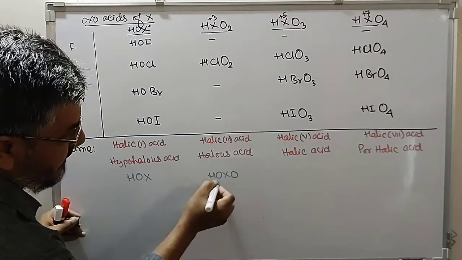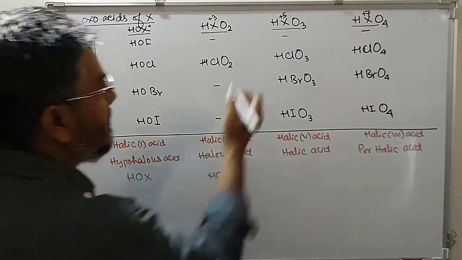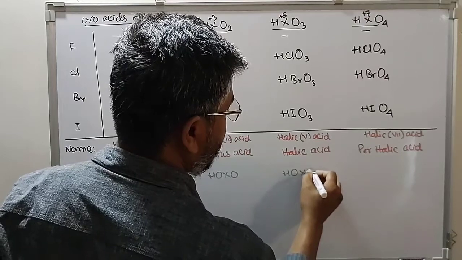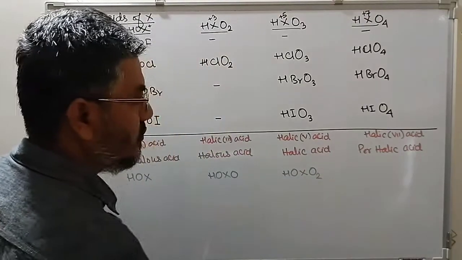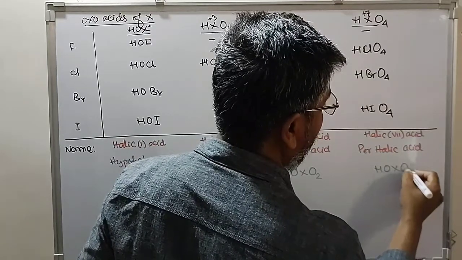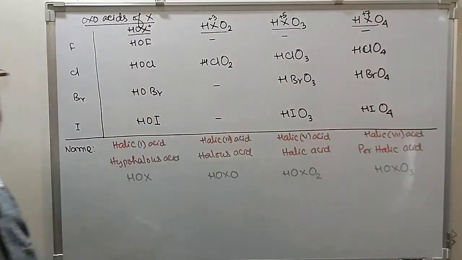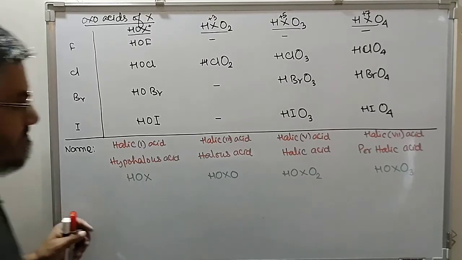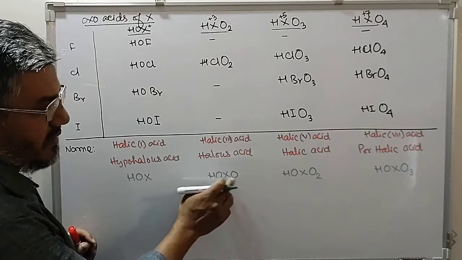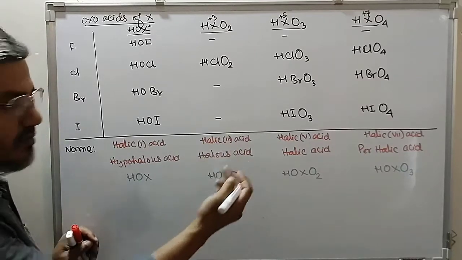So this acidic hydrogen is attached to oxygen. This is HOXO2, HOXO3. Now if you look at this, in this oxygen and halogen bond, there are multiple bonds.